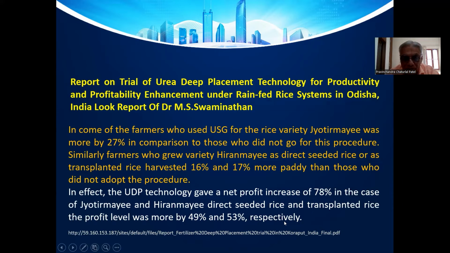So you can see here the rice grain production profit increased by 78% in both varieties, and the profit was to the tune of 49 and 53% respectively for the Jyotirmai and Hiranmai varieties.